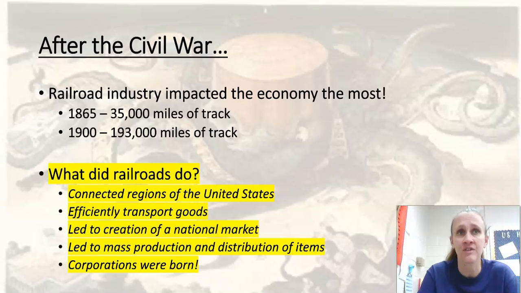Okay, so you're going to have to figure out a way to, one, get those raw materials faster and in bigger quantities, and you're going to figure out how to make your goods faster and in bigger quantities, which is going to lead to the birth of corporations. Okay, corporations are going to start buying up those small-time businesses that don't make it.